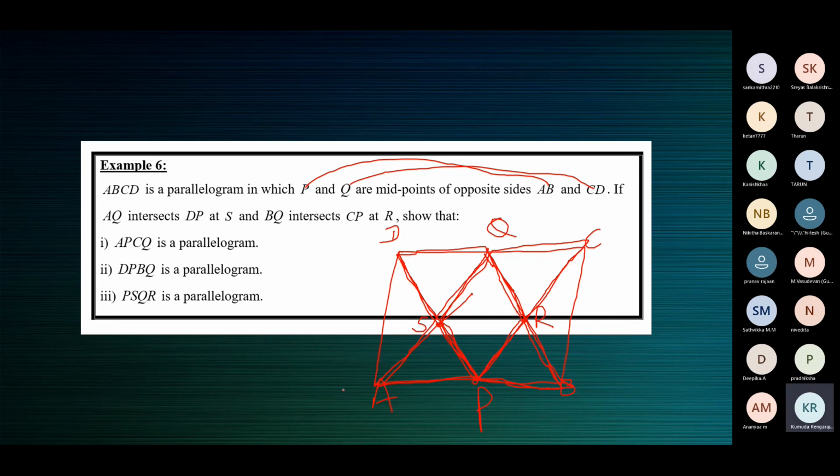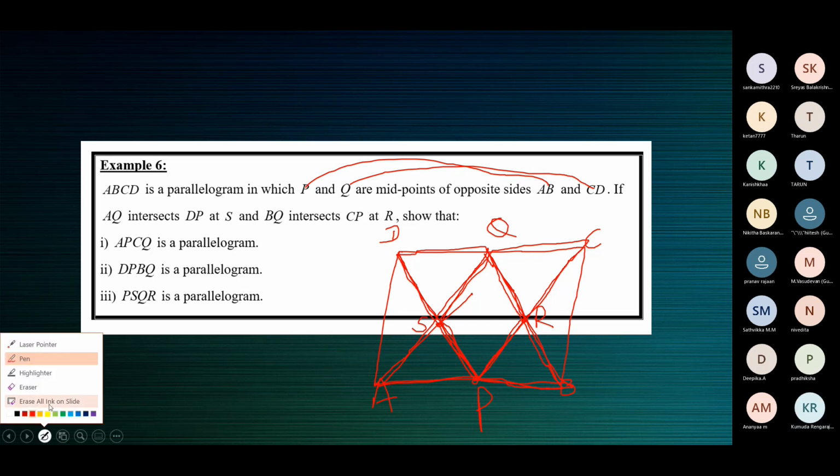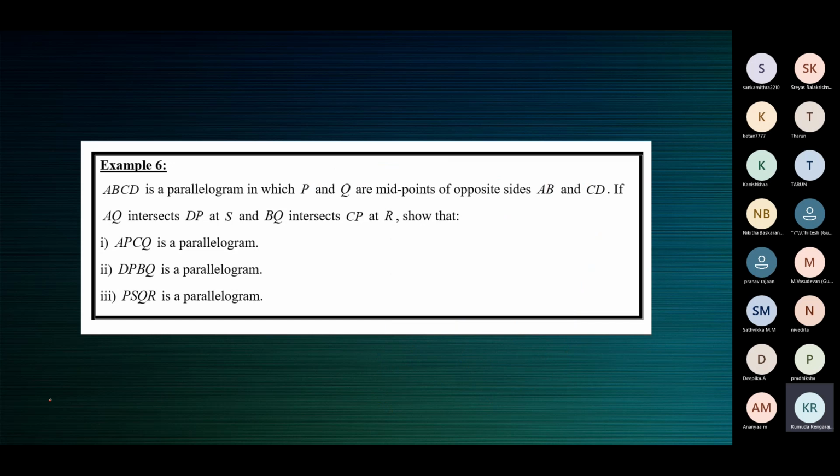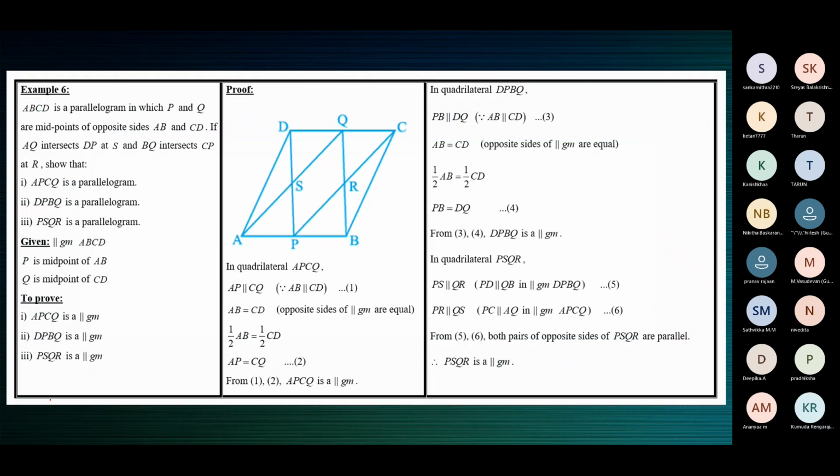I'll show you the proof, children, because you need to understand this by yourself. Very simple, based on what we have understood so far, using the definitions. Start writing. I'll ask one of you to explain the proof, or a few of us will participate in explaining the proof.